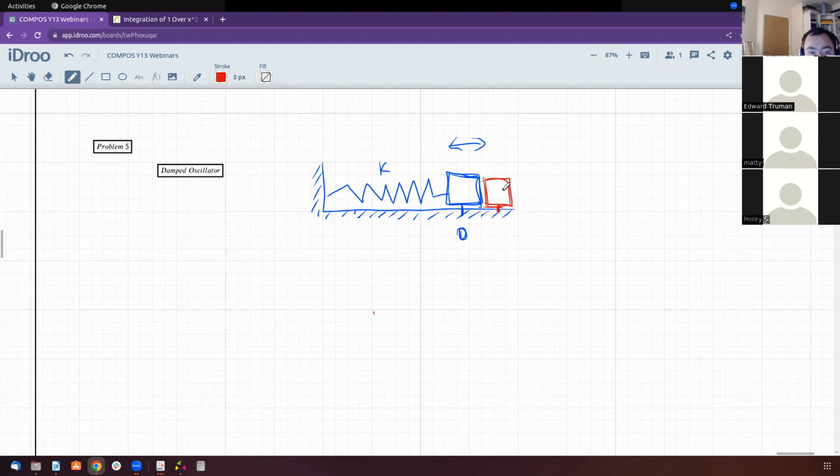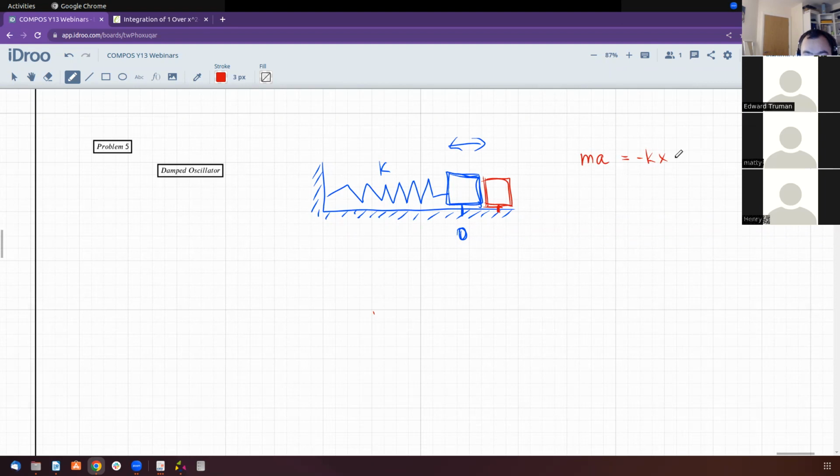Well, if it's here, mass times acceleration equals minus kx. That's the Hooke's law force.